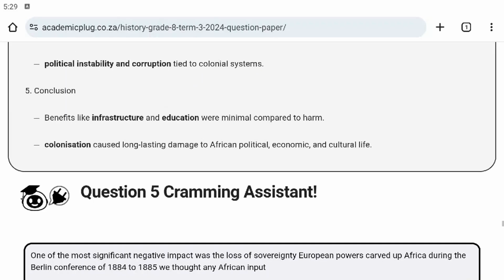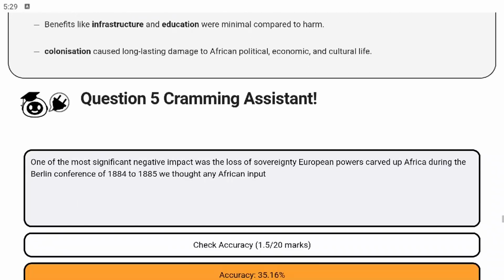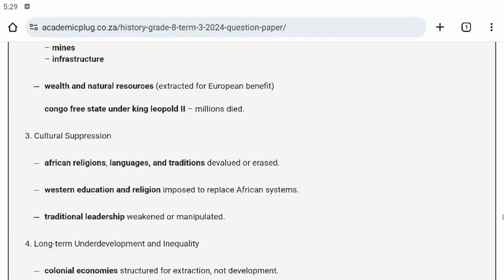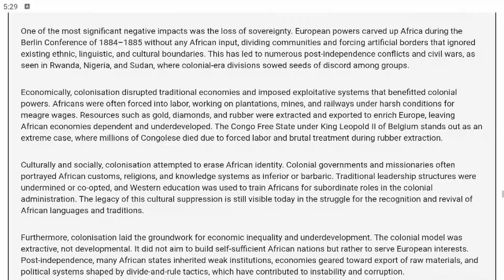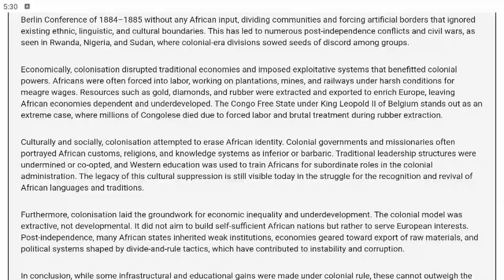Which are also in the essay. You can see here, Berlin Conference of 1884 2, in between is a 2, right? Not that line which was here on the essay. I'm sure you can see it at the top left there. So that's how it was written on the essay.